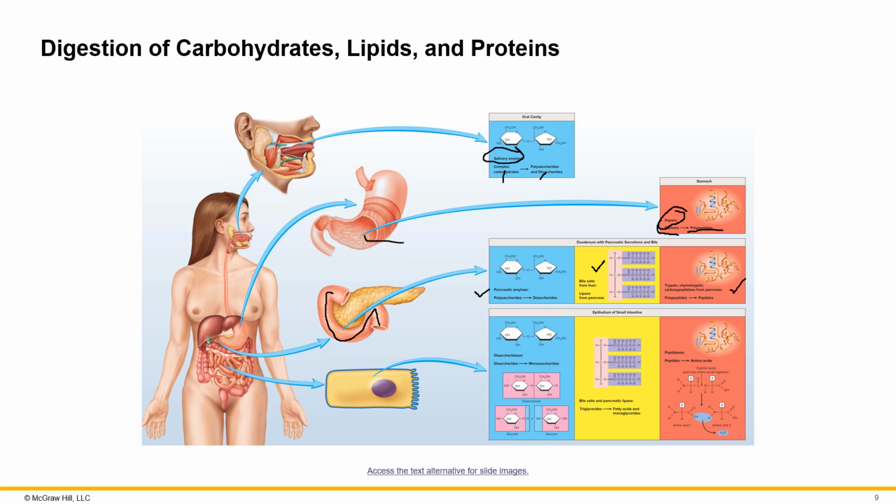In the small intestine, specifically the jejunum, is where you have your disaccharidases, which continue to break down carbohydrates further until they're broken down to glucose and galactose. You have bile salts and pancreatic lipase that is continuing the lipid digestion, and peptidases, which are continuing to break down polypeptides into their individual amino acids.